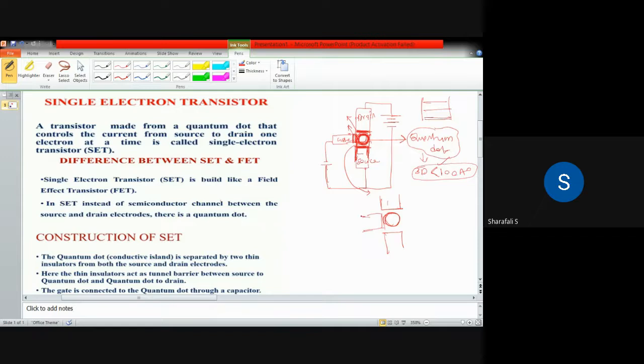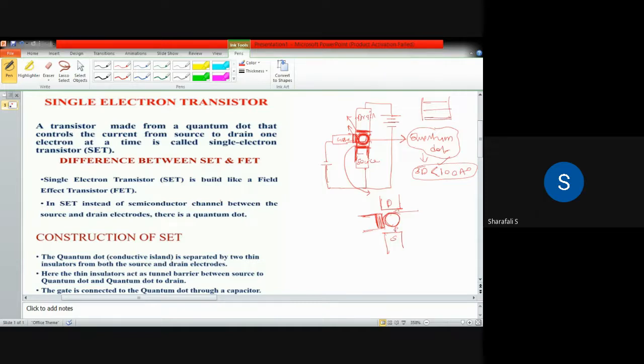After the gate we have this capacitor. So we have some gap here, between the quantum dot and the drain, and the quantum dot and source.